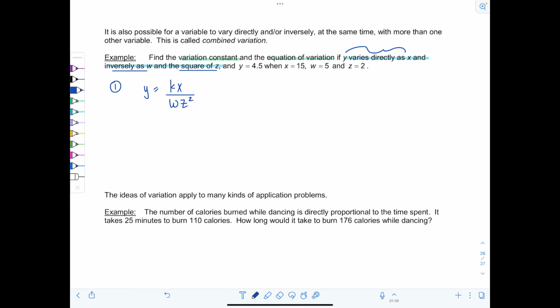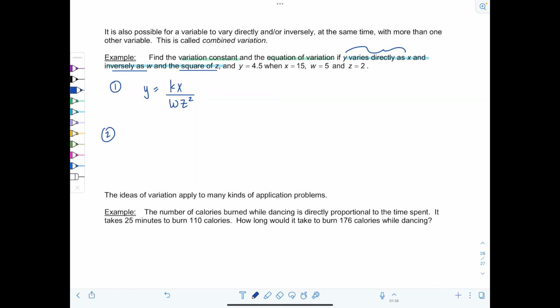So don't write two separate equations, okay? Whatever varies directly, those variables go in the numerator. Whatever varies inversely, those go in the denominator underneath k, okay? Good. All right, now we can move on.